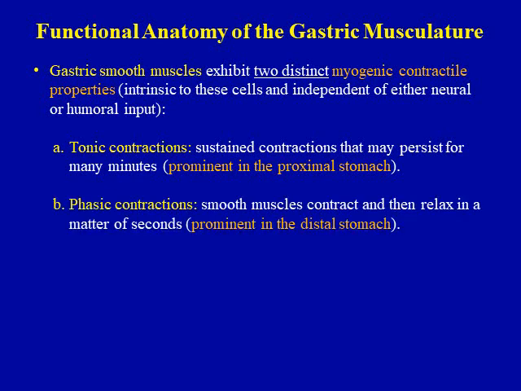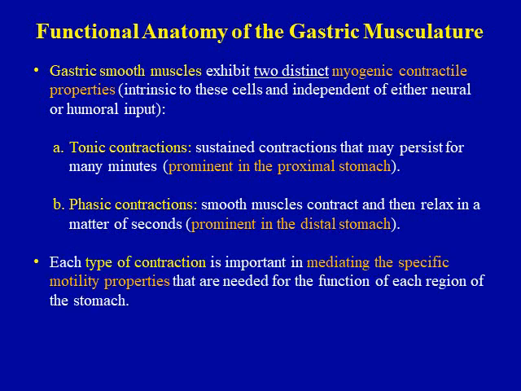We have smooth muscles that exhibit phasic contractions, where the smooth muscles contract and then relax in a matter of seconds, and these types of muscles are more prominent in the distal stomach. Each type of contraction is important in mediating the specific motility properties that are needed for the function of each region of the stomach, either proximal or distal, as we explained earlier.